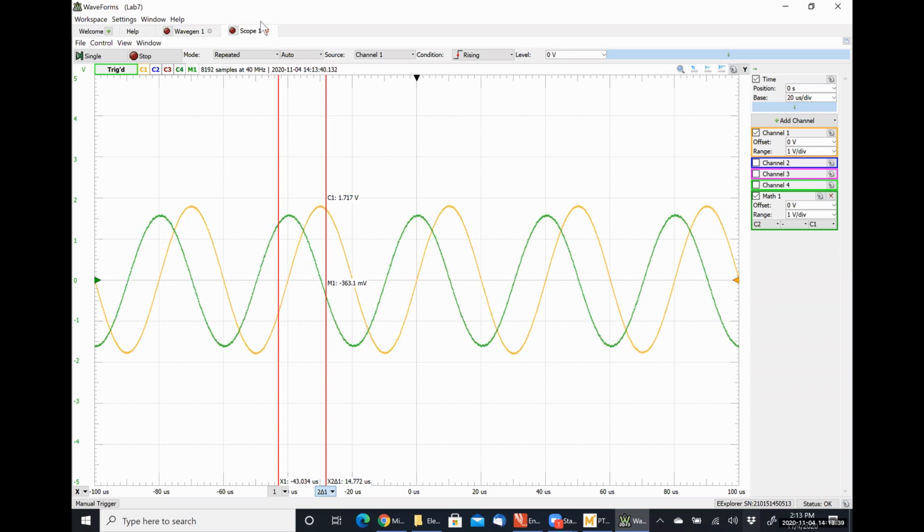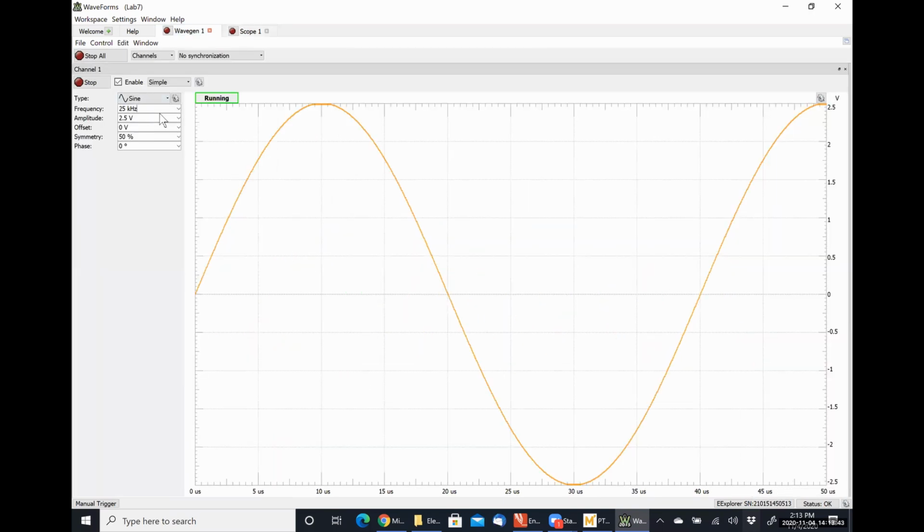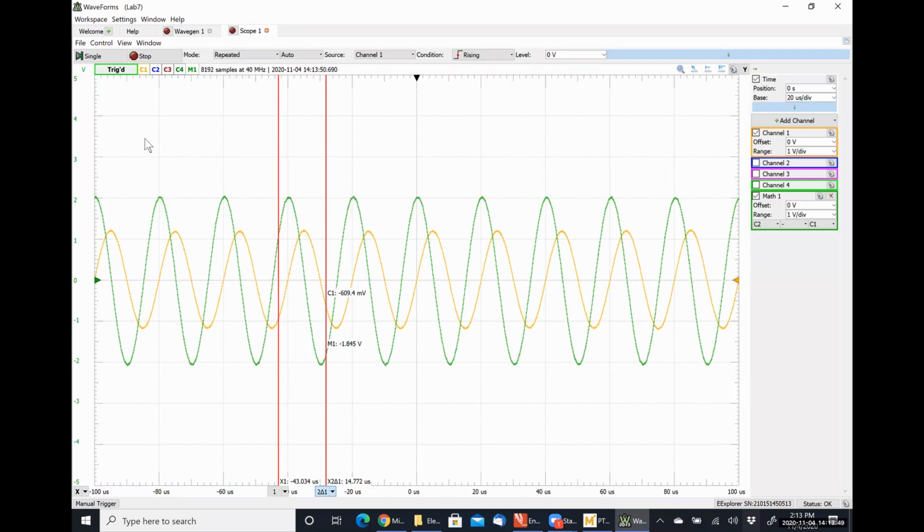If we increase our frequency to 50 kilohertz, what's happening to the impedance of our capacitor? An increase in the frequency does what to the impedance of a capacitor? It decreases it, right?